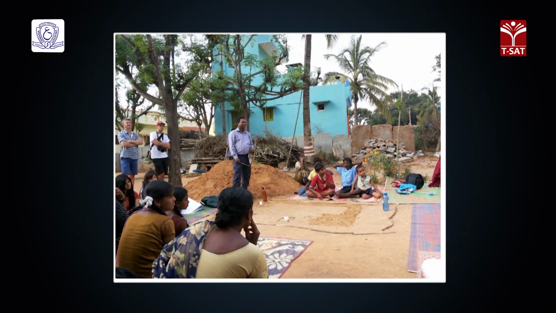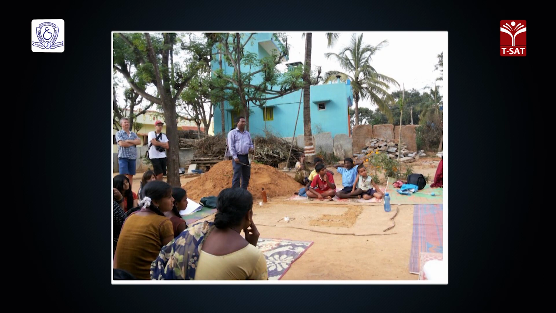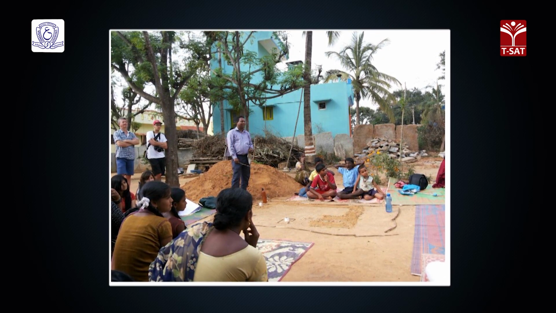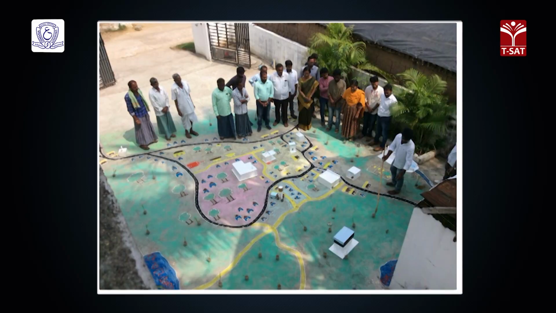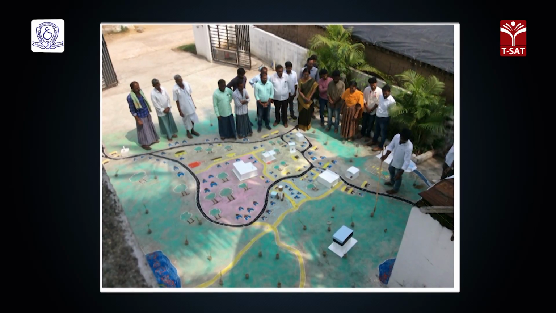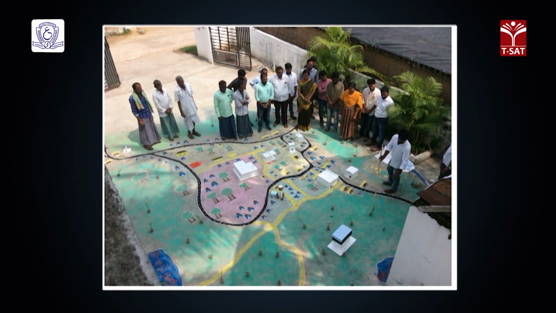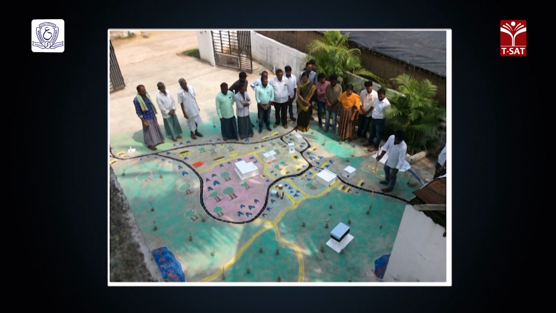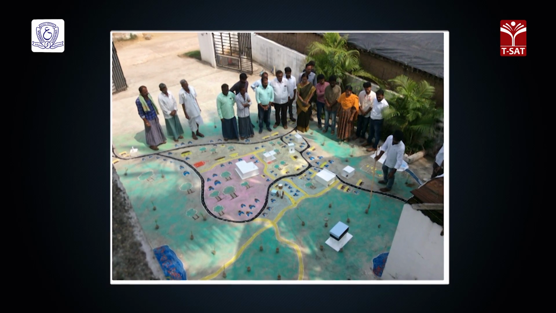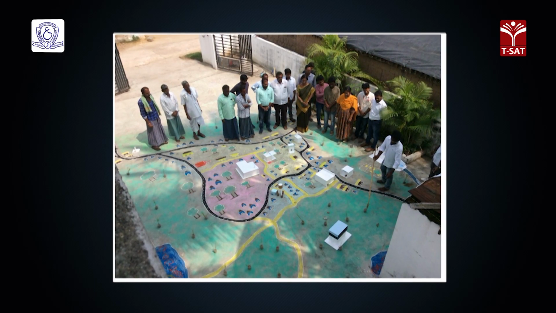PRA employs a wide range of methods to enable people to express and share information and to stimulate discussion and analysis. Many are visually based. For example, maps show where people live and the location of important local features and resources such as water, forests, schools and other services. Flow diagrams indicate linkages, sequences, causes, effects, problems and solutions.